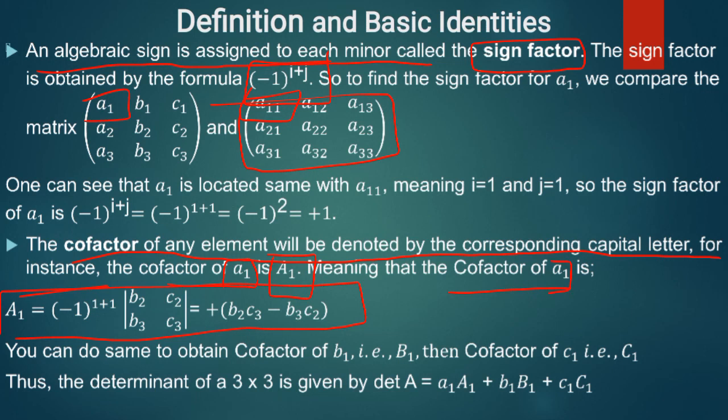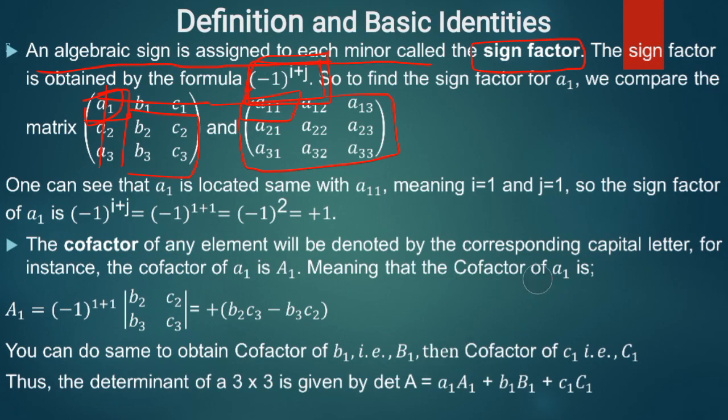You find A1 on your matrix, cover all the sides and get its minor, which is what you see here. And whatever you get, multiply by the sign factor of that location, which is here. And what is the cofactor symbol for small letter a1? It is capital letter A1. So when you solve it, you will get what you see here. I'll take that again.